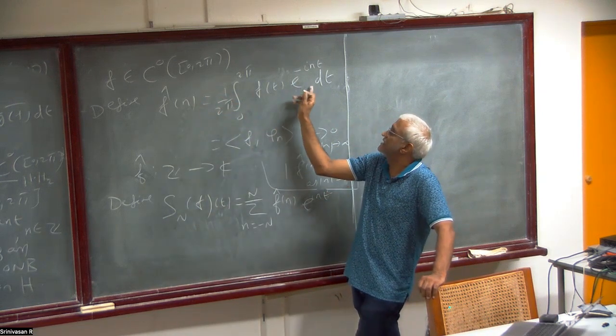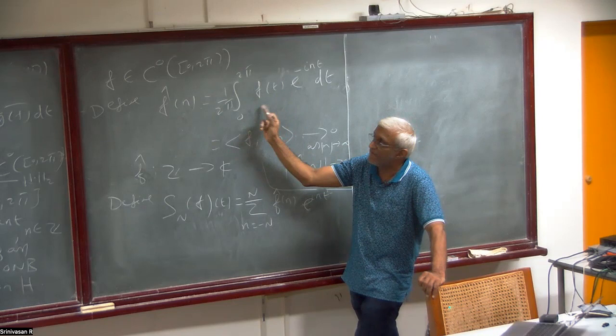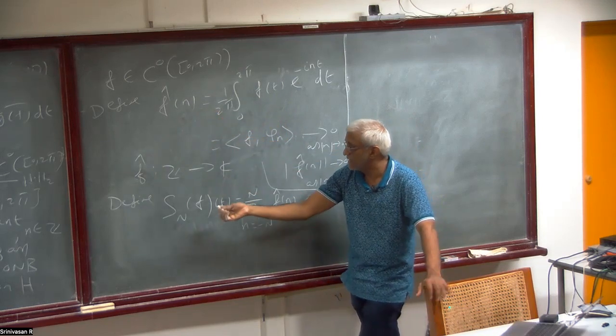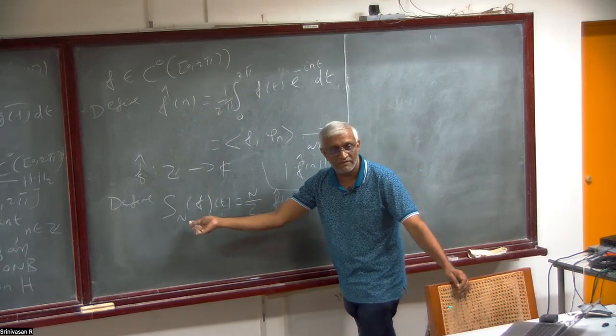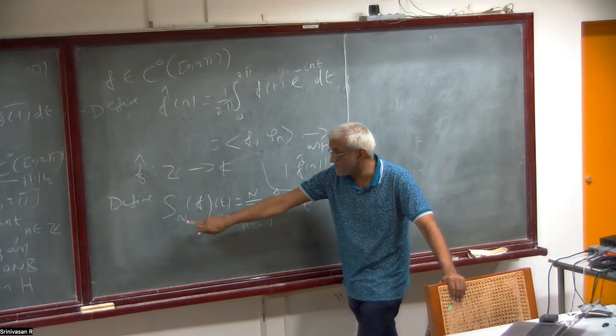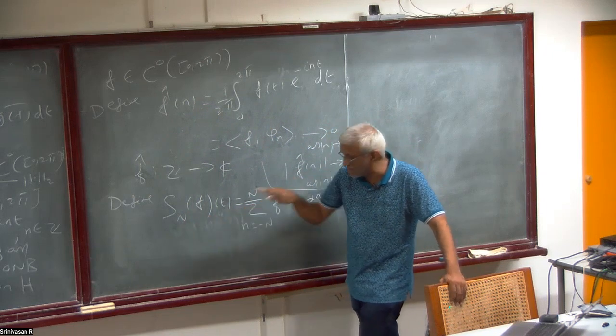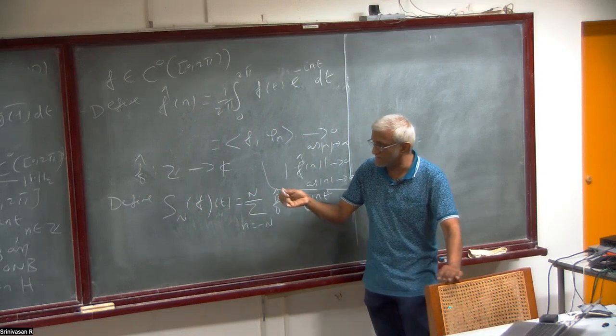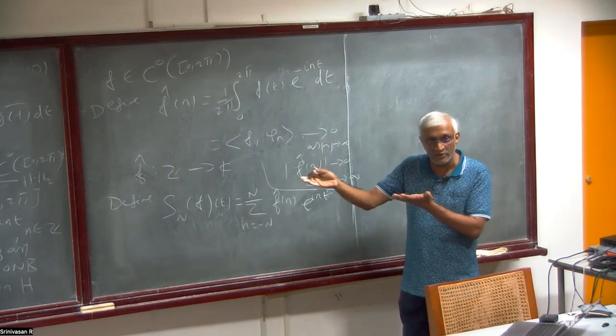By integrating with respect to e to the int, we got a function on integers. Now use this function to get another function, Sn f. For each n you get it. The question is whether this Sn f will converge to f. First answer: Sn f converges in L2.